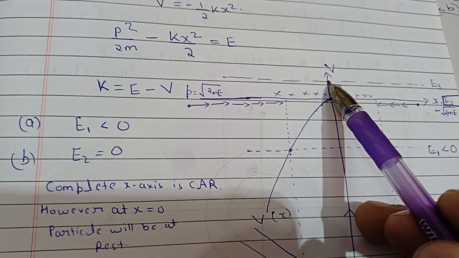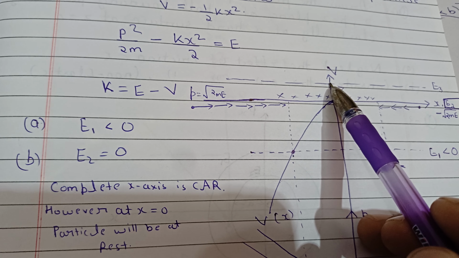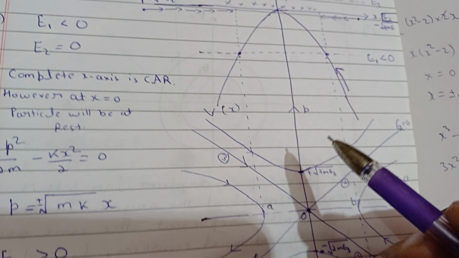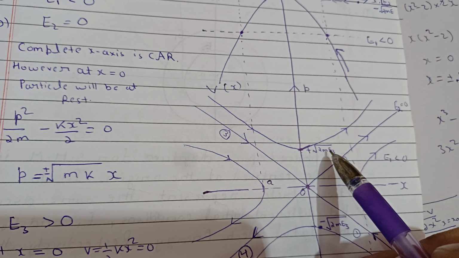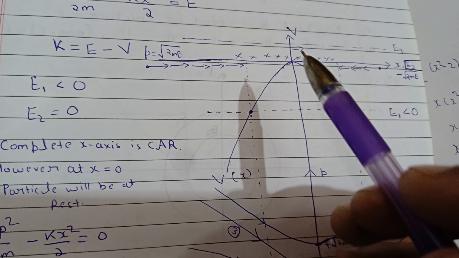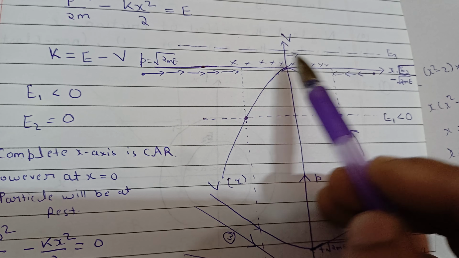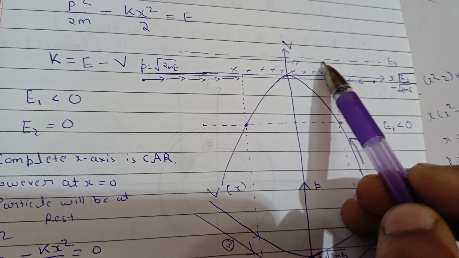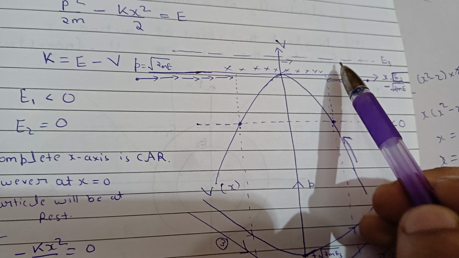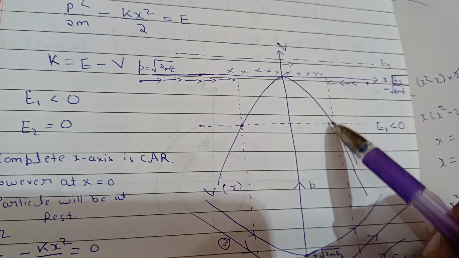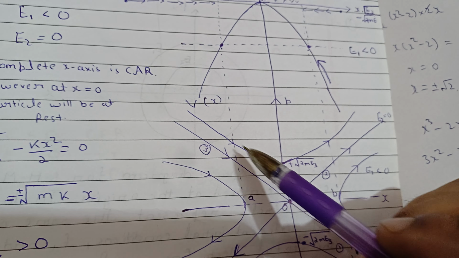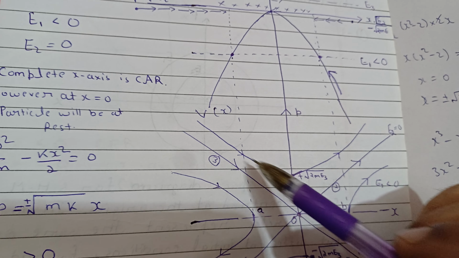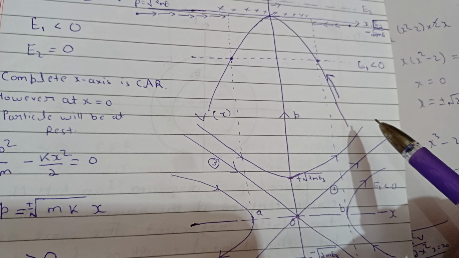So at this point we will have momentum equal to root 2mE3, and since it has momentum, it will go on in this direction also. Now momentum is positive and it is increasing because potential is decreasing, so it will go like this after this. So this will be our phase trajectory for this condition when energy is greater than 0.